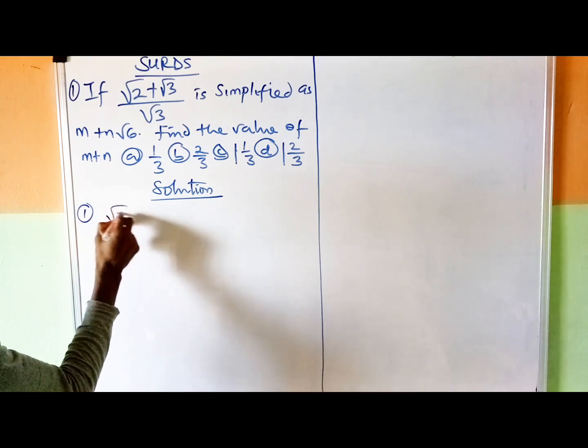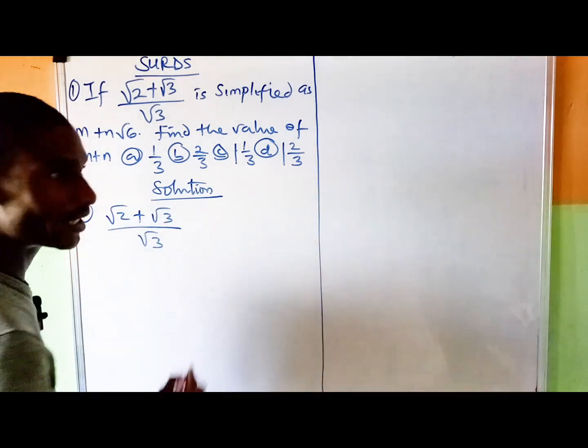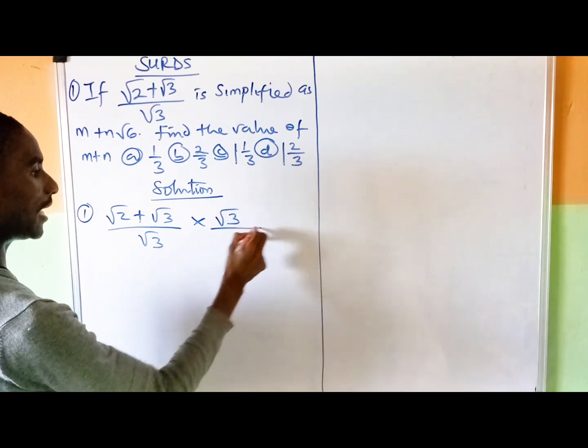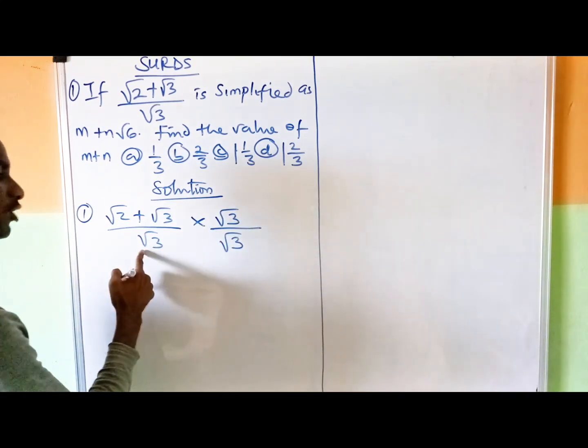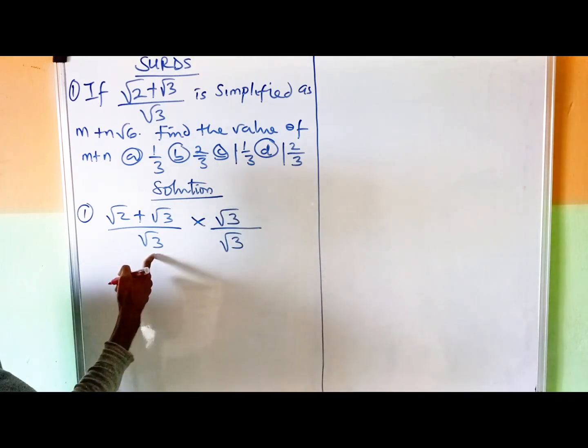So you have root 2 plus root 3 divided by root 3. How do I rationalize this? I will multiply both the numerator and denominator by root 3.